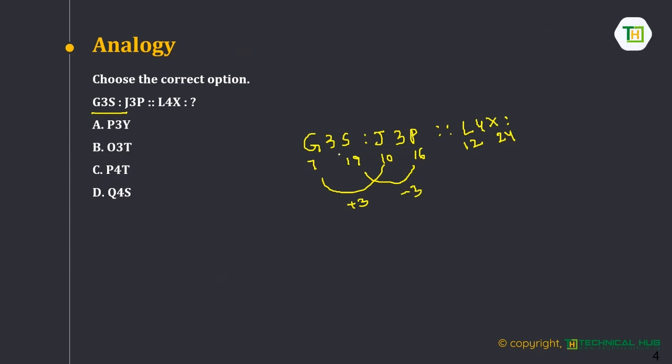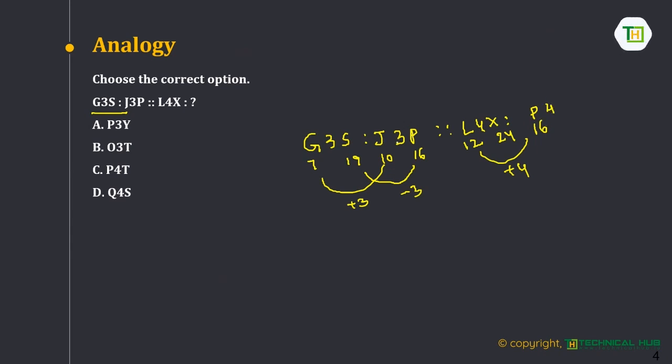Here one is adding, one is subtracting. The same logic is applied to the third one. Here the middle number is 4, means the first one adding 4 and the second one subtracting 4, so 12 plus 4 means 16. 16 is taken as P and the middle number is 4.